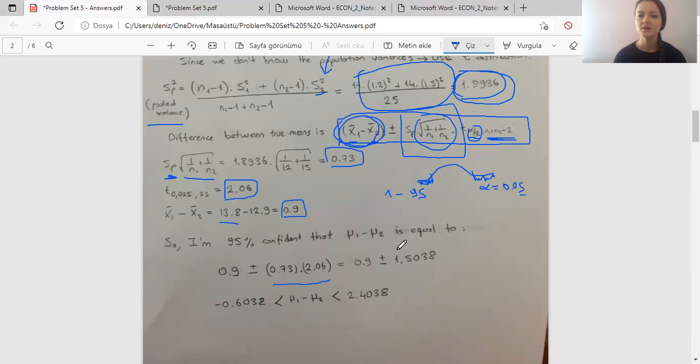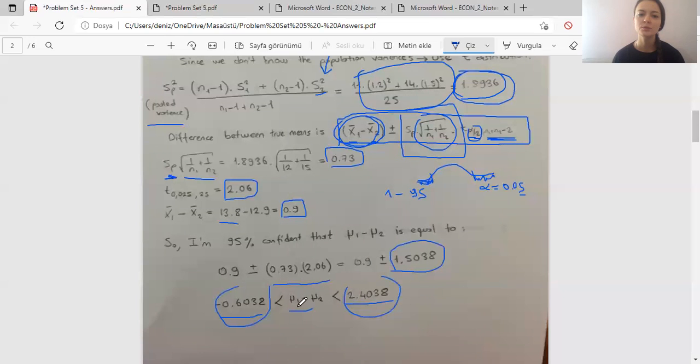It is 0.9 plus and minus this amount. When you subtract this value from 0.9, you will get this, and when you add it, you will get this. So this means the true mean difference lies in this interval.